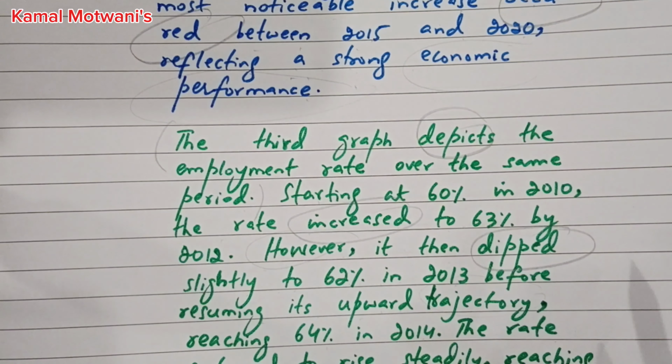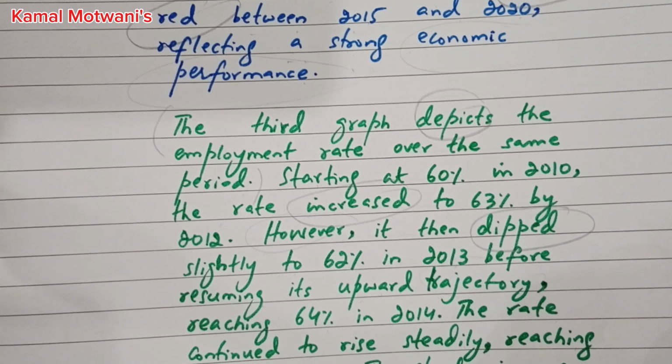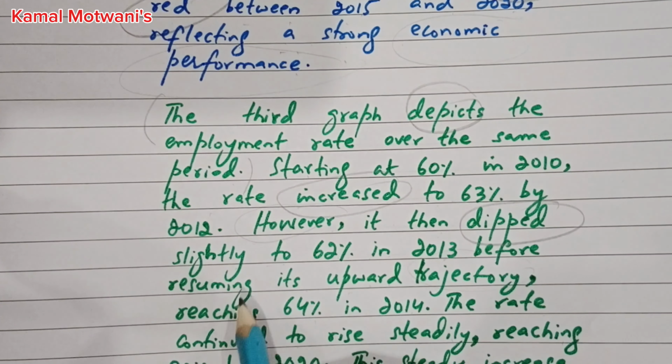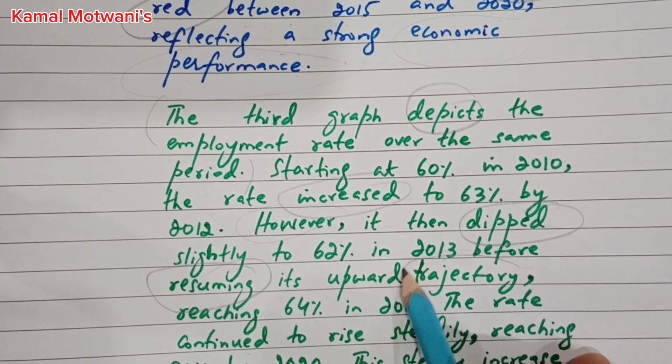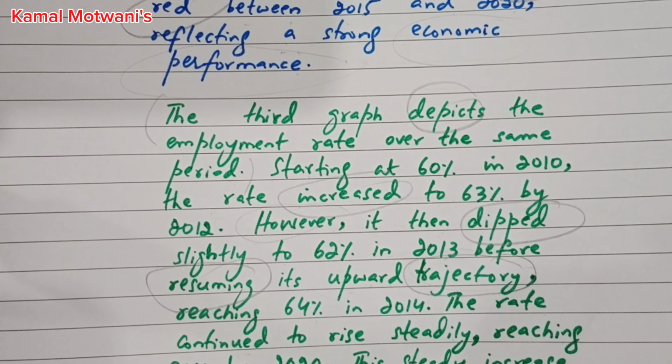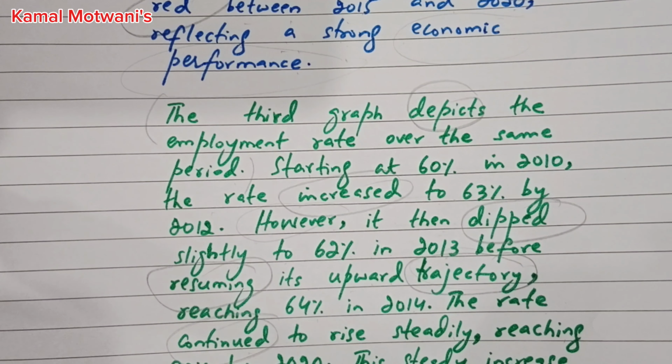I have not written very simple words like it went down or something like that. Rather, I have used it dipped. Then I have used before resuming. Then I have used this word trajectory. Then I have used this word continued. So this is how you impress your examiner by using multiple words and multiple vocabulary.